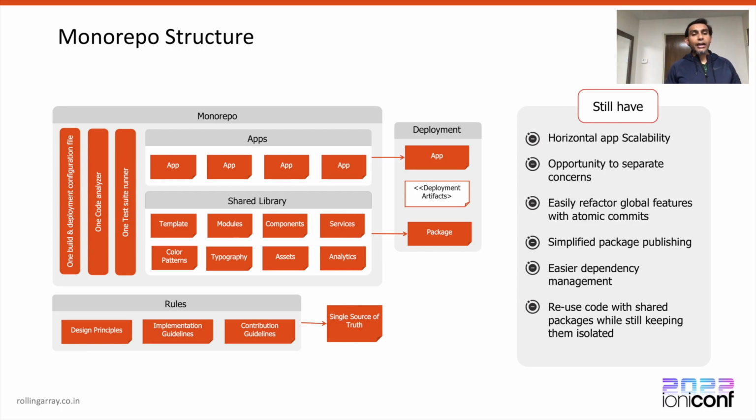And then from the rule standpoint, you have your design principles applicable across. You should be able to maintain your implementation guidelines, your contribution guidelines. So that eventually says that you have one source of truth which is applicable across all applications.